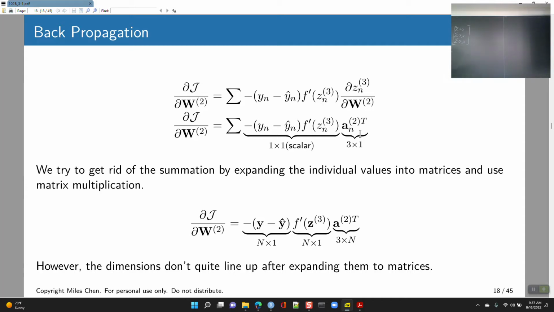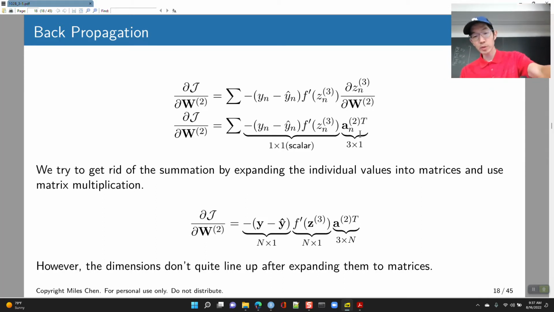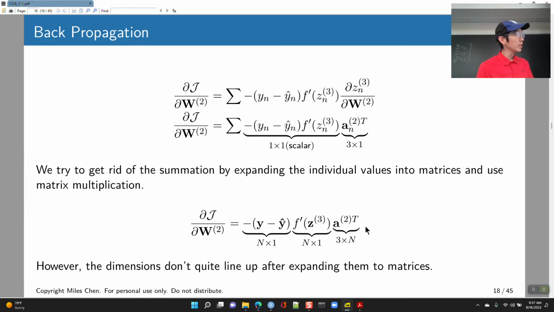Now, if I just drop the subscripts, it doesn't work, because I've got an n by 1 here, an n by 1, and this is 3 by n.